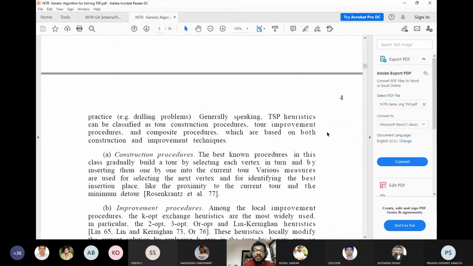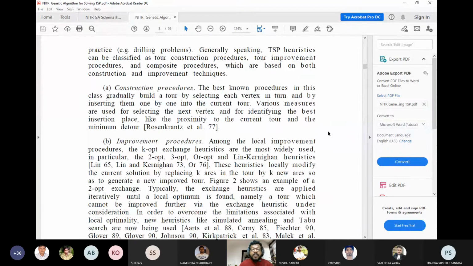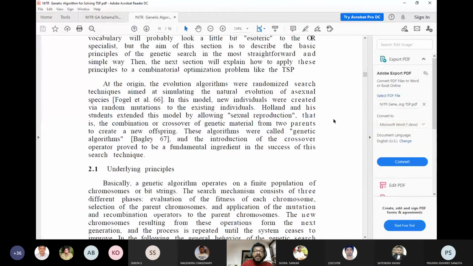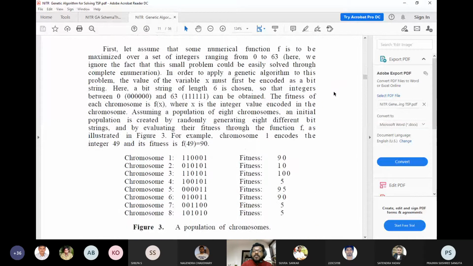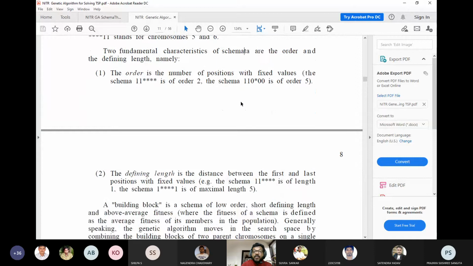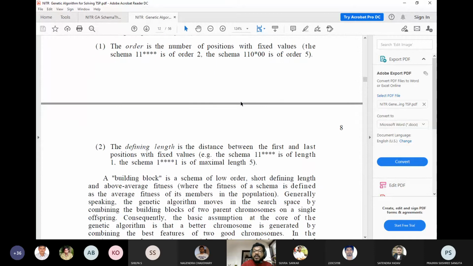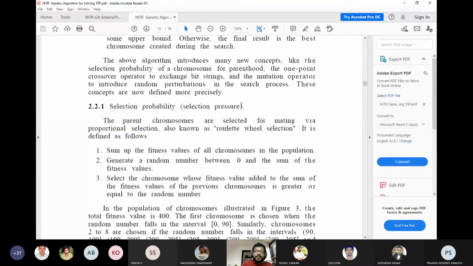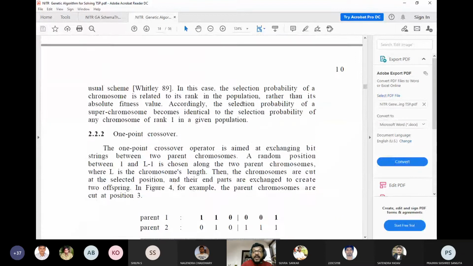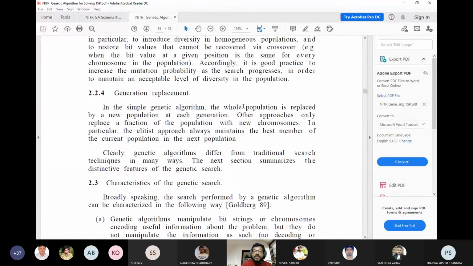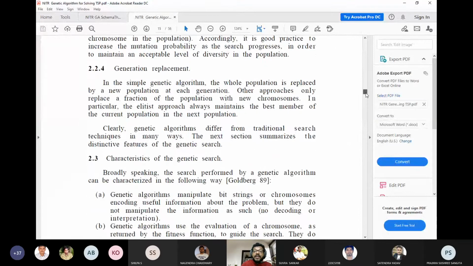Of course, it is the author's finding. That's why many people have solved it, but it's handy and you can look into that. And there is something called a schema. Today I'll discuss what a schema is and what the schemata theorem is. That will be the last part of the genetic algorithm. They explain crossover and mutation very nicely. Sometimes this paper will also help you as notes to study the genetic algorithm.